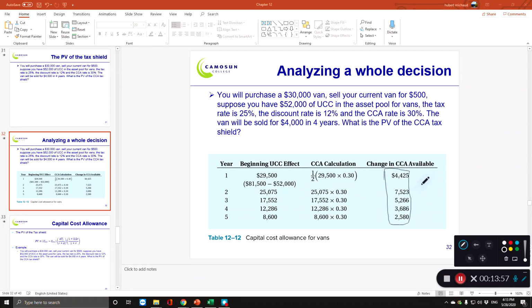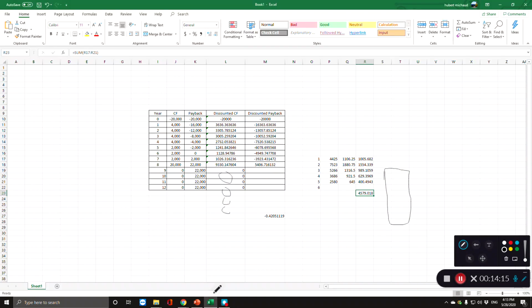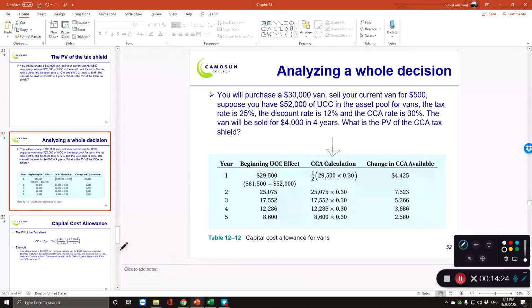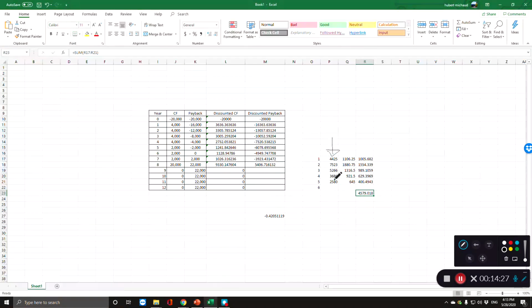Then we would need to find their PVs, right? Discounted 1 year, 2 years, 3 years, and 4 years, depending where the cash flow happens. And by doing all, then we would do the sum of all of these, and we would find the PV of the tax shield. So that's a pretty demanding task. I have calculated it here for you. In this screen here, this was our amortization expense that we could use from this table. This is 25% of the amortization expense because that's our tax shield.